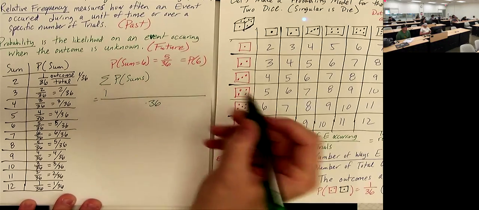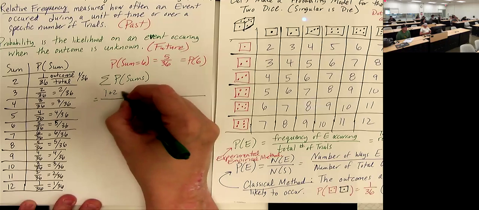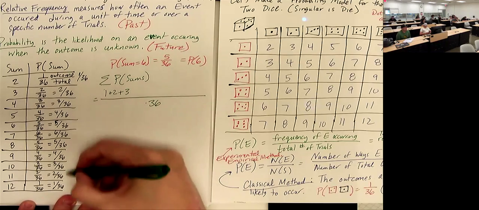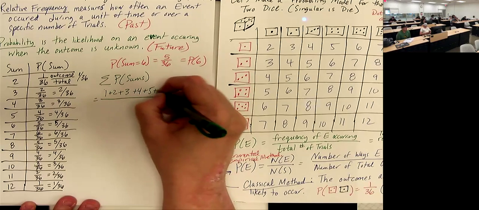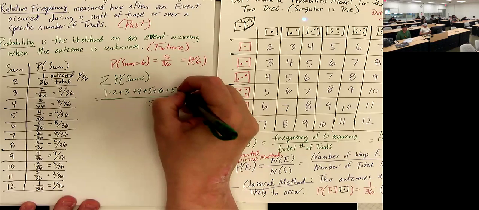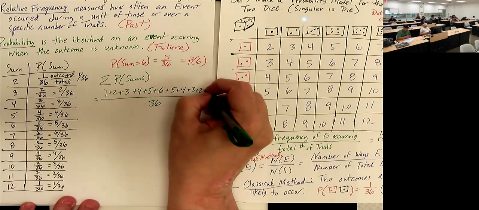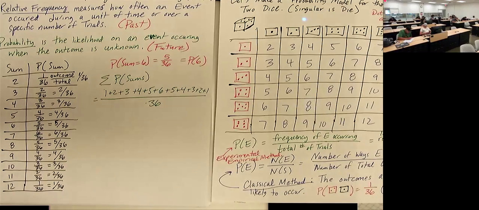Since it's got the same denominator, I can just add the numerators: 1 plus 2 plus 3 plus 4 plus 5 plus 6 plus 5 plus 4 plus 3 plus 2 plus 1. How many do we get when we add up the numbers on top?